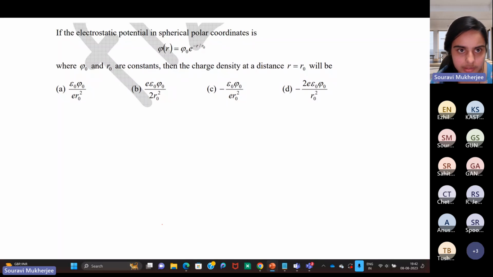So by looking at this expression, if I directly put r equals r naught in this expression and then find del by del r, then it would be, I think, 0. Is that the question?